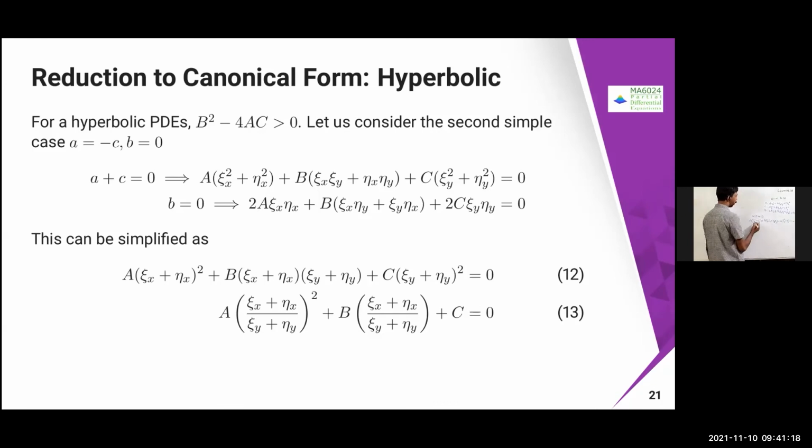Second term: b equal to 0 means 2a chi x eta x plus b into chi x eta y plus chi y eta x plus 2c into chi y eta y equal to 0.